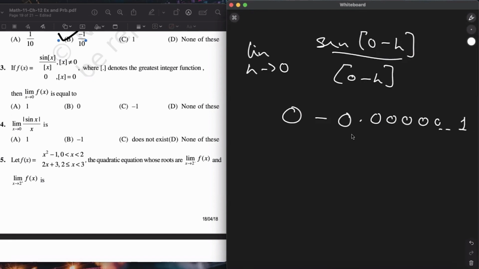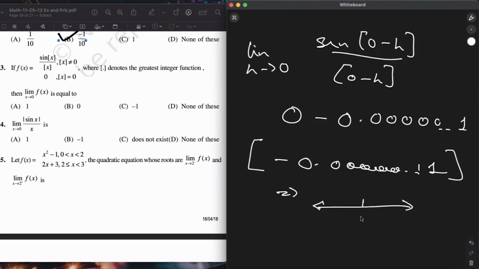Okay, h is approaching 0, right? So this will return a value of what? Minus 0.0000000 and so on till what? 1. इसका GIF क्या होगा? ये मेरी नंबर लाइन है, ये मेरा 0 है, ये मेरा -1 है, ये मेरा +1 है. 0 से थोड़ा सा पहले इस जगह पे है, मतलब इस रीजन में, उसके पीछे वाला बार पहला कौन सा है? -1. सो ये वैल्यू रिटर्न करेगा -1 की, है ना?